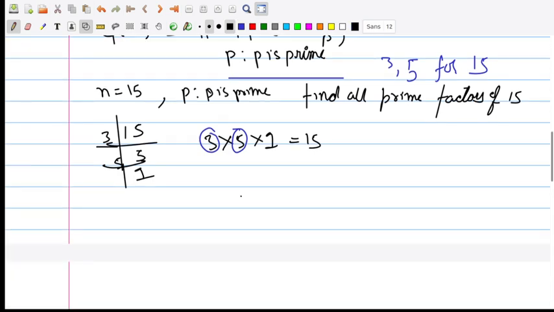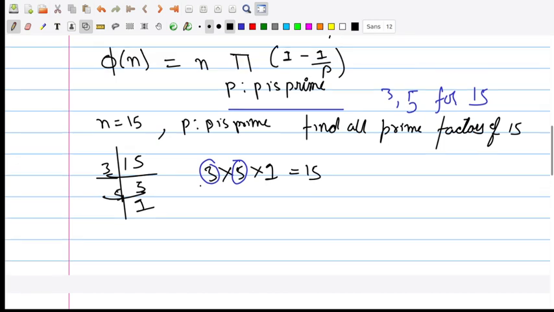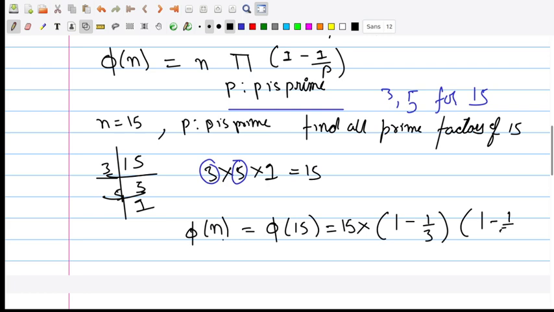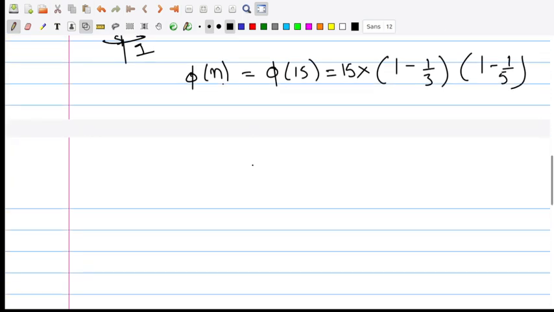Now phi n is basically, let me just scroll a little bit up so that we see the equation. So phi of 15 is equal to 15 into, so the first prime factor is 3, right, and the other one is 5, right? So this is the equation. Now if you go ahead and solve this equation, what do we get?